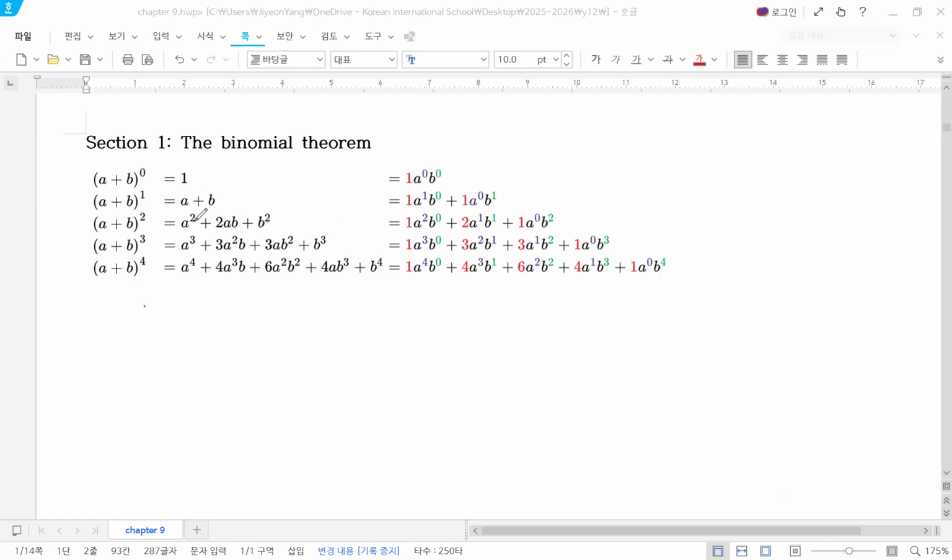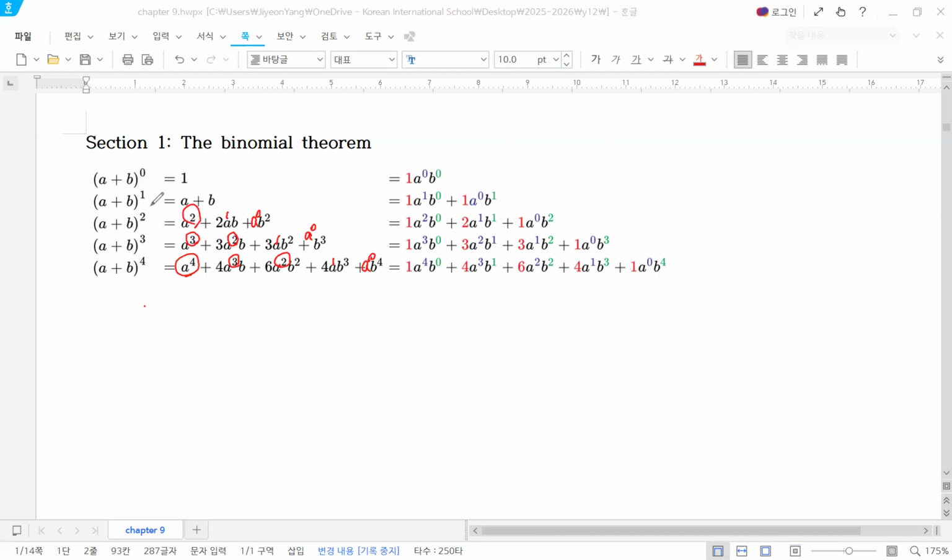So for a, it's descending order: 2, 1, and 0. Do you understand? For a, it's descending order: a cubed, a squared, and then a, and it's going to be 1, which means a to the power of 0. This one: a to the power of 4, 3, 2, 1, and 0.